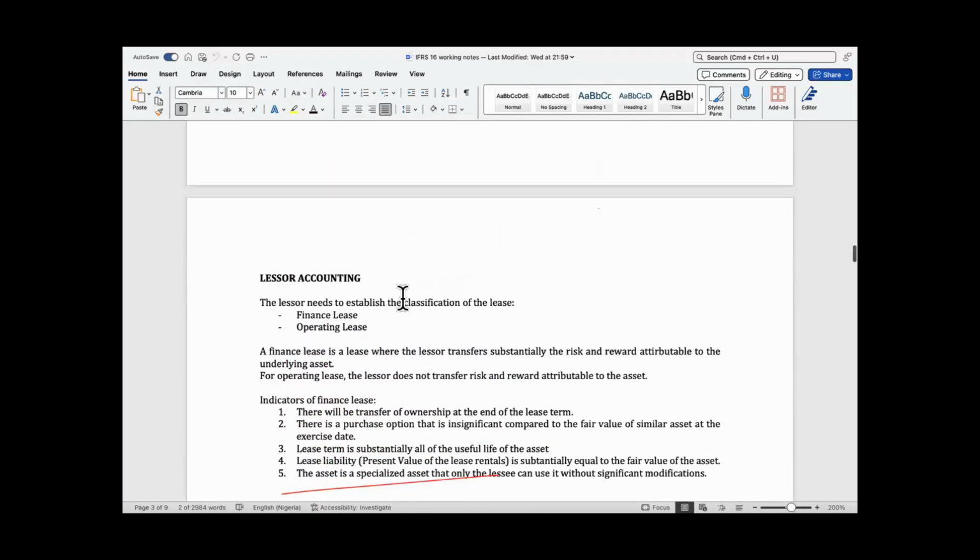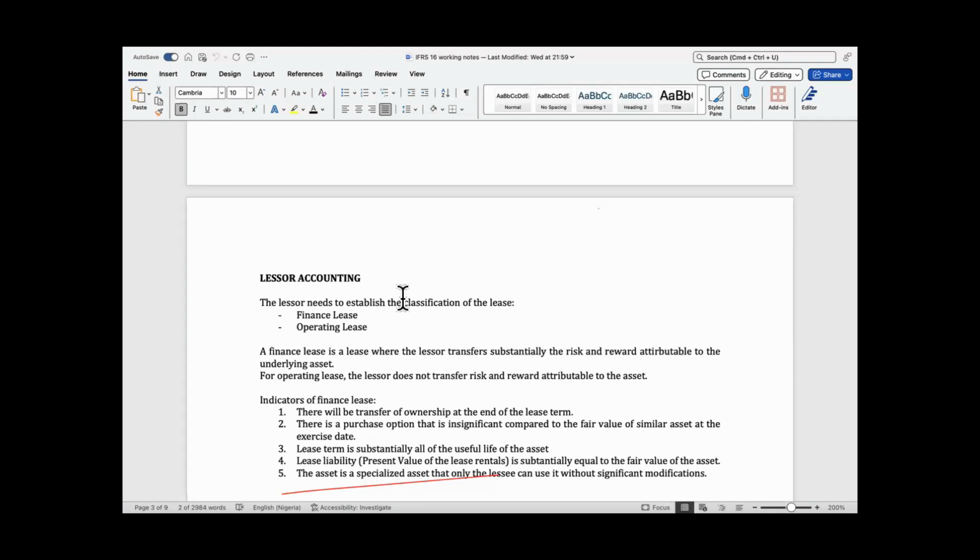For the lessor, we mentioned that the lessor needs to identify the class of leases entering into. It needs to identify whether it is engaged in a finance lease or an operating lease.